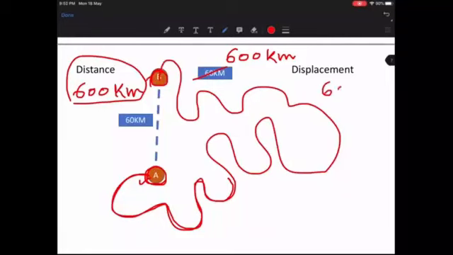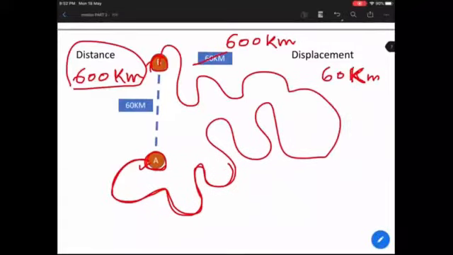The displacement here is 60. Now do you understand the difference between distance and displacement? Distance is the actual path traveled by the body, however displacement is the difference between the final and the initial point.